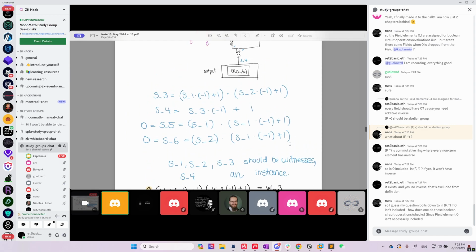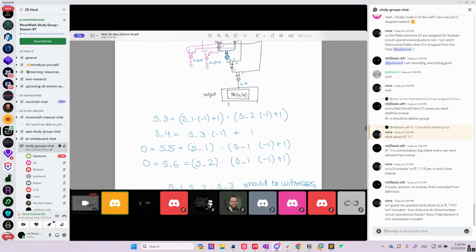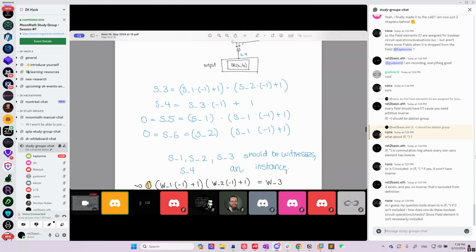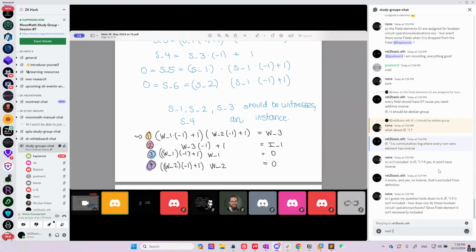Now I'm setting, this is just the preference that I gave in the setting, that S1 and S2, meaning the 2 inputs, and the intermediate value S3 should be witnesses, and S4 should be an instance. S5 and S6, as I mentioned, should be constrained to 0. Okay, so this is the constraint system that we get in general.